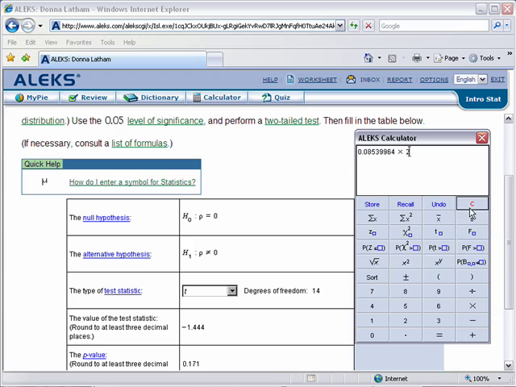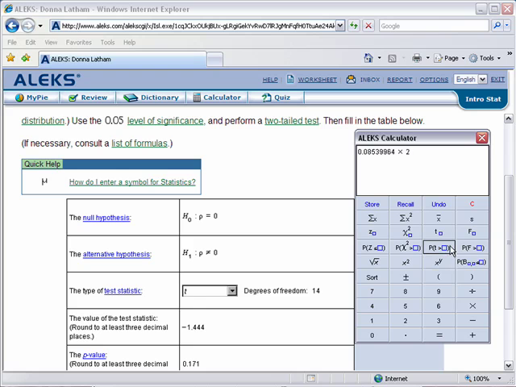So what I did was, even though this value was negative, I noticed that because of symmetry, if I look at the t-distribution, the student t-distribution, different shapes of bells, because of the symmetry, being to the right of 1.444 is equivalent to being to the left of negative 1.44.